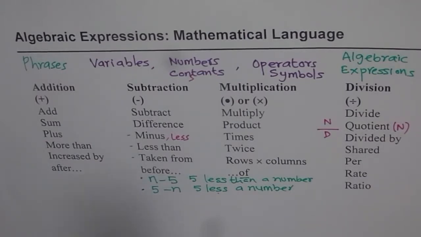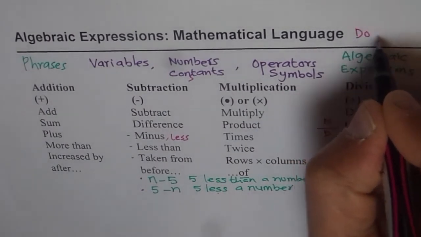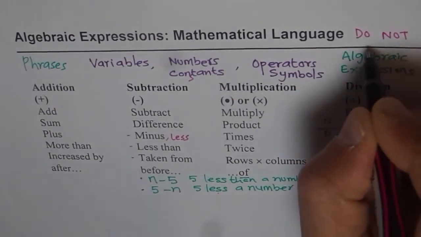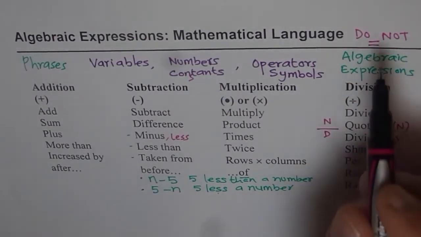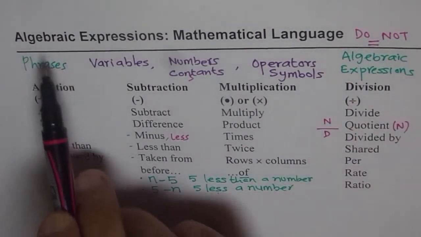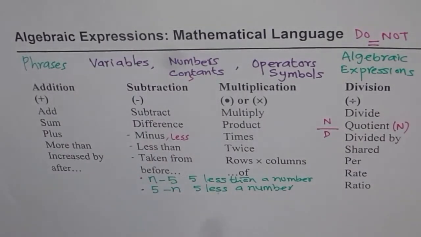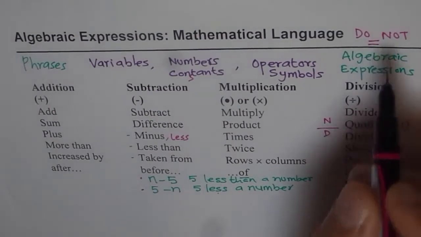And remember, in algebraic expressions we do not have what? We do not have an equal to sign. Never use the equal to sign in algebraic expressions. We are not trying to find some solution. We are just translating words into an expression, and in those expressions there is no equal to sign.